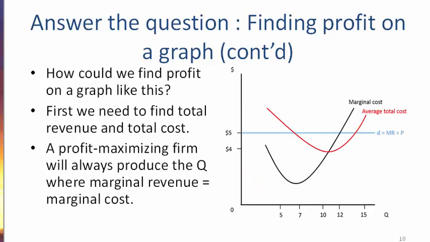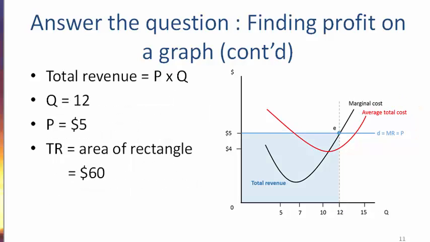If instead we're looking at marginal and average curves for a firm, recall that a profit maximizing firm is always going to produce the quantity where marginal revenue is equal to marginal cost. So we know that the firm is going to produce the quantity of 12. With this information, then we can find total revenue and total cost.